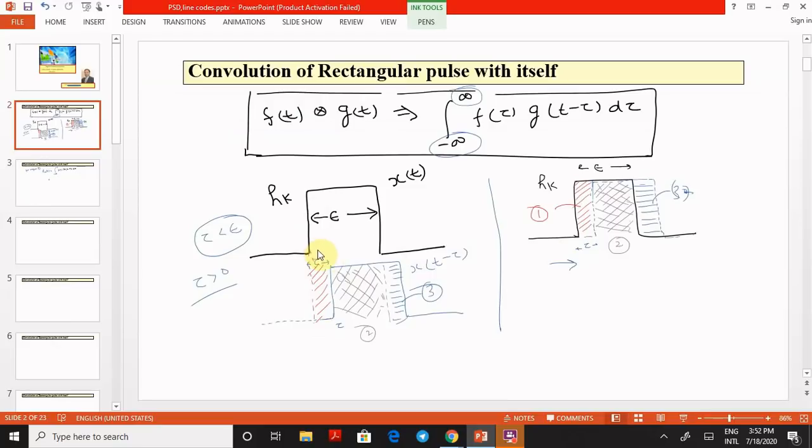In this region, from minus infinity to tau, the pulse, that is the function x(t minus tau), will be equal to 0. This whole region from minus infinity to tau has a value of 0, and this 0 value multiplied by any function will always produce 0.